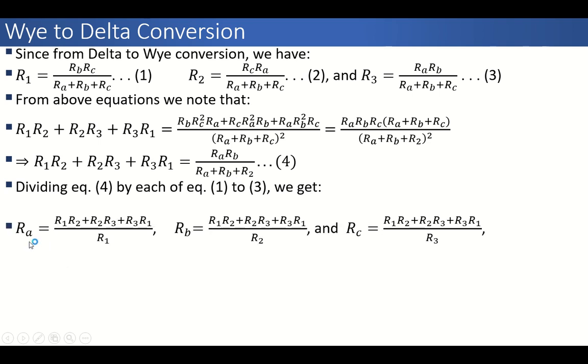So we can say that RA is equal to R1 R2 plus R2 R3 plus R3 R1 divided by R1.